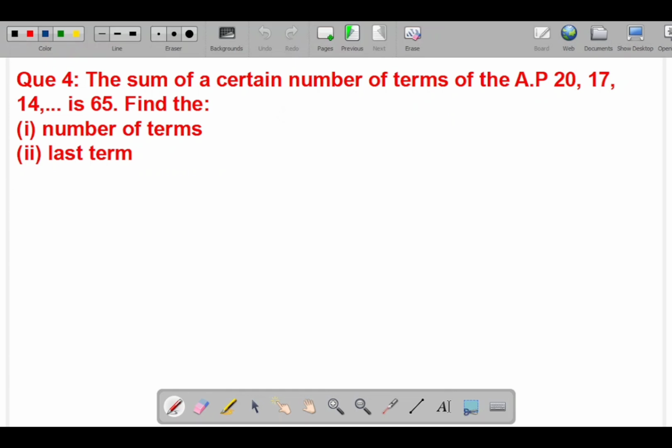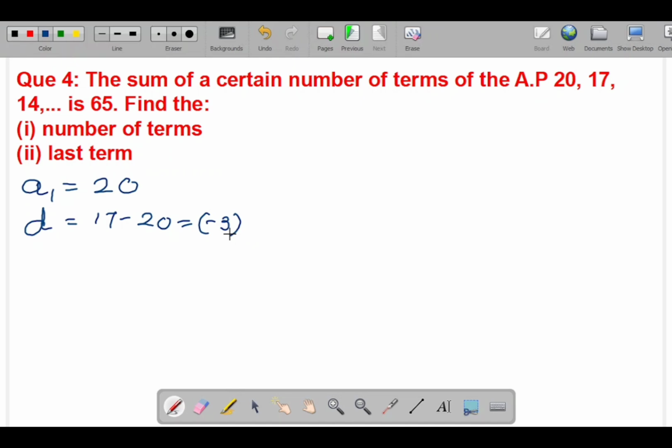So now here when I list down what is given, I know the first term which is given, 20. I know the common difference which is 17 minus 20, equals minus 3. Many students make a mistake here. What do they do? They do 20 minus 17 and get the answer plus 3, which is wrong.